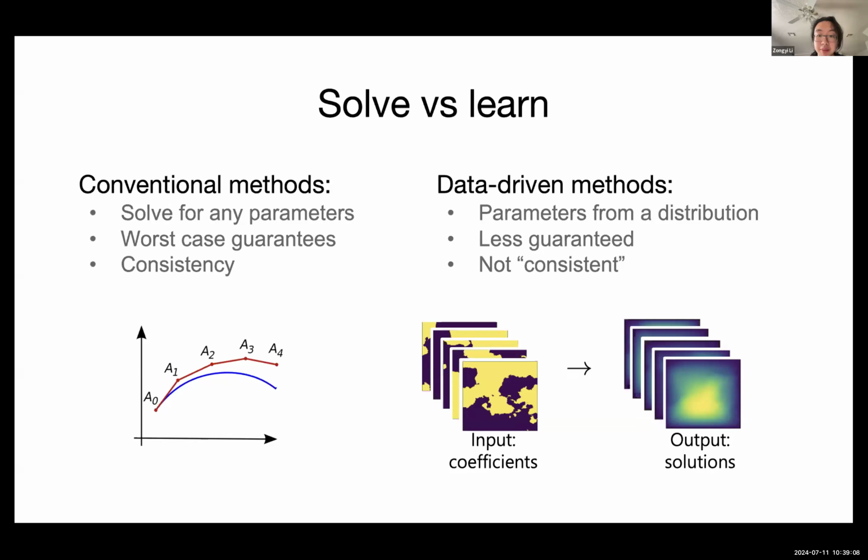In general, they are much faster, as we don't need to resolve gradients or solve the linear system. But usually we don't have a guarantee, even if we have a very, very fine grid. But this consistency maybe can be defined regarding the number of data and the size of models. But hopefully, if we have good enough data and large enough models, the error can converge to zero.